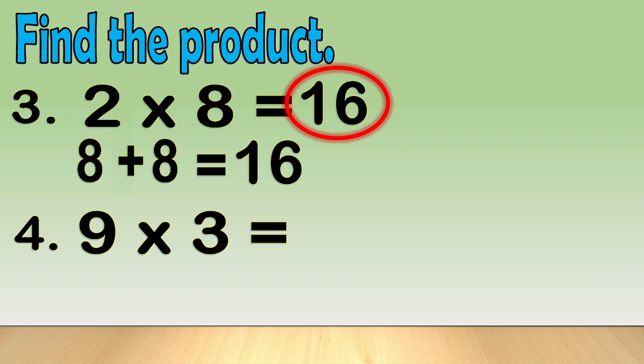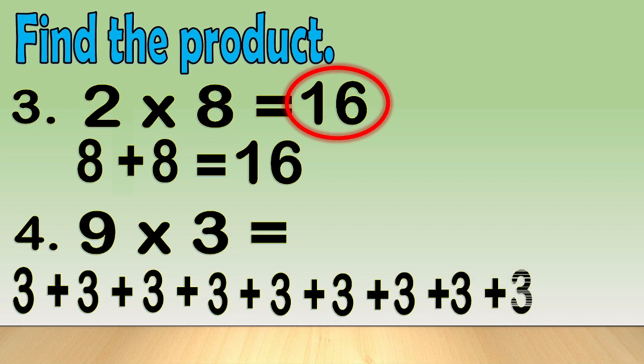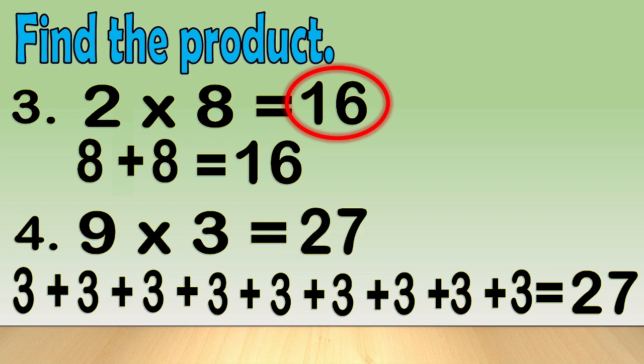That means we need to make 9 groups of 3. That is 3 plus 3 plus 3 plus 3 plus 3 plus 3 plus 3 plus 3 plus 3 equals 27. 9 times 3 equals 27.